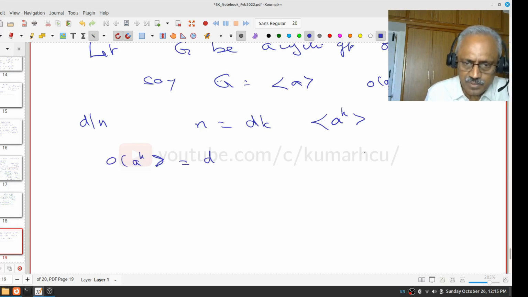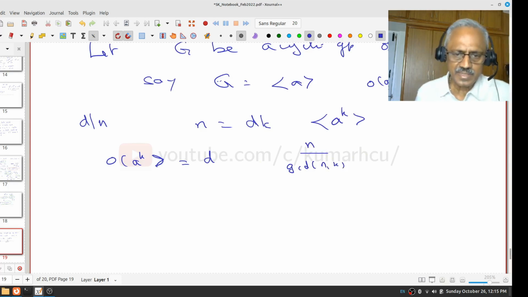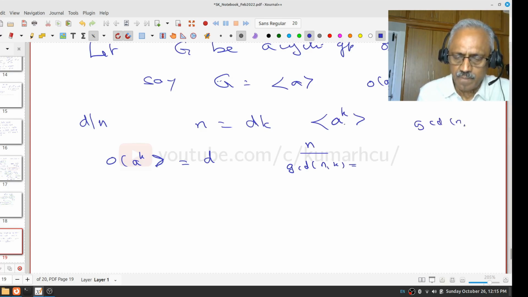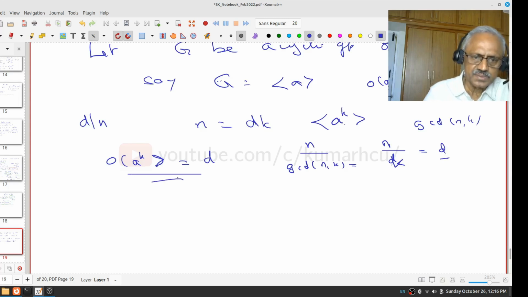Because if you remember, it is n divided by GCD of n and k. Since k divides n, the GCD of n and k is k itself. Therefore it's d. And therefore the order of this is d.